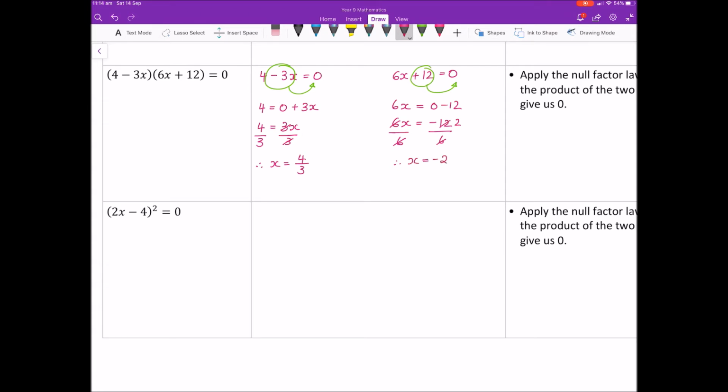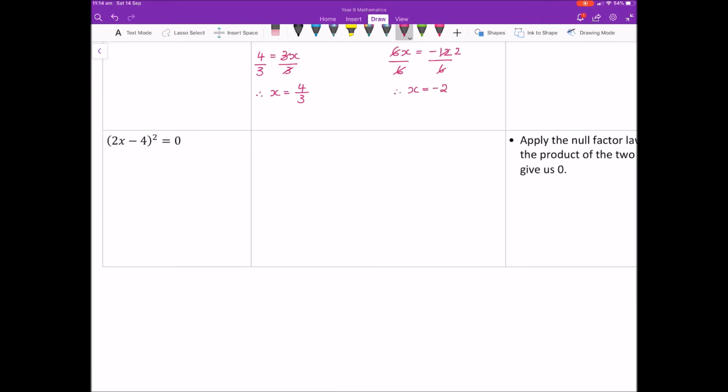So again, what this means is that I could substitute either 4 on 3, or I could substitute x equals negative 2 into the original equation, and one of them will produce a factor that is 0. Again, if you're doing this at home and you're practicing, I would highly recommend that you pause the video now, substitute one of these in, and find out whether or not we've actually solved it correctly and we do get a factor of 0 for one of them.